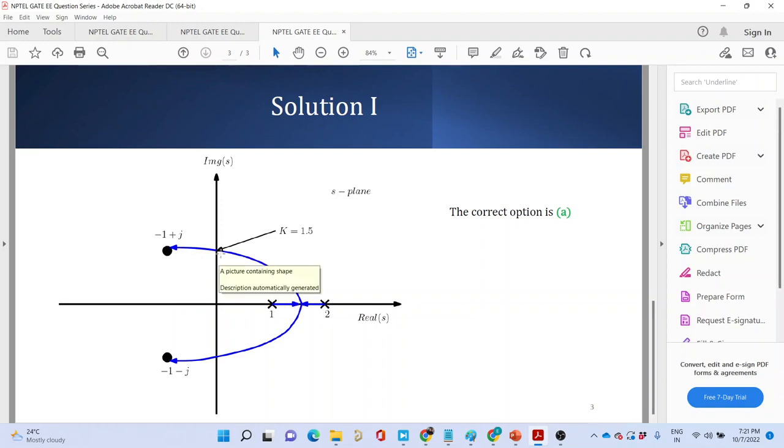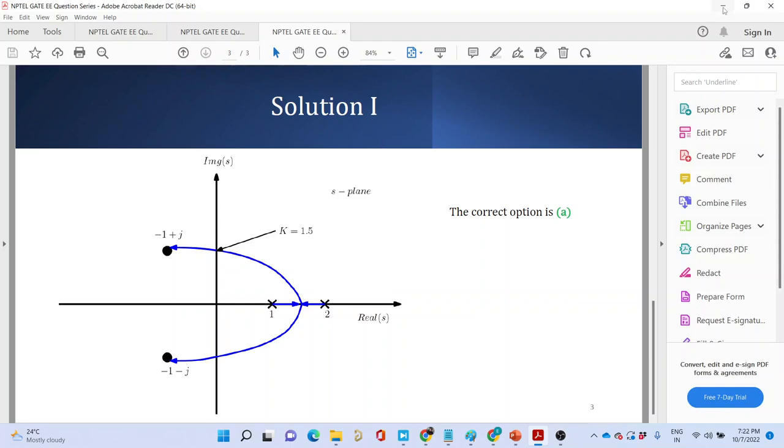So for the entire range of k for which the root locus is lying in the right hand side of the S plane, it is unstable. The moment k increases and it moves to the left hand side of the S plane, it becomes stable. It has already been told that k equal to 1.5 is the gain at which the root locus transits from right hand side to left hand side. So this value is k equal to 1.5.